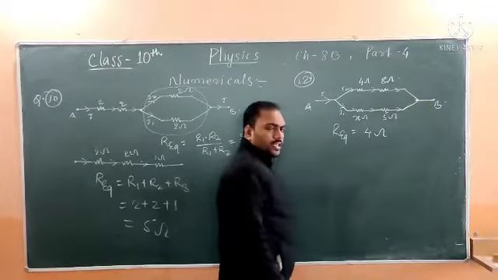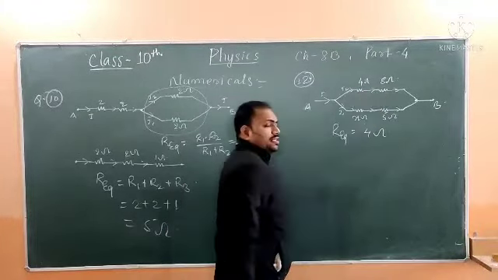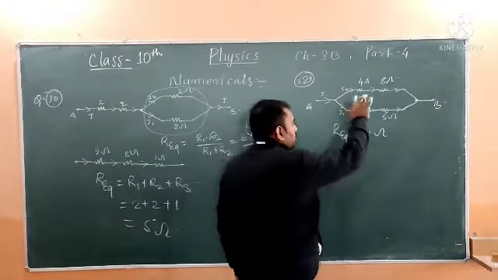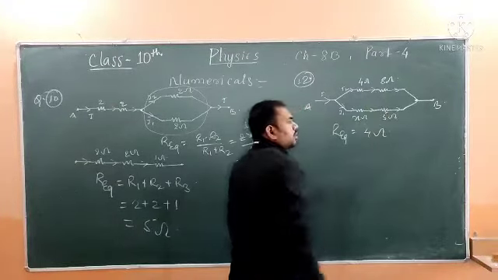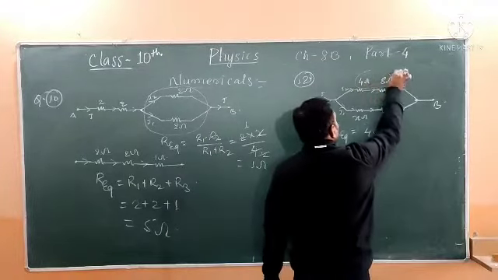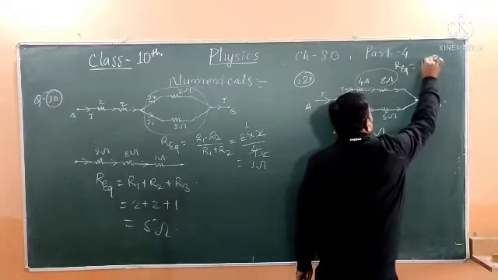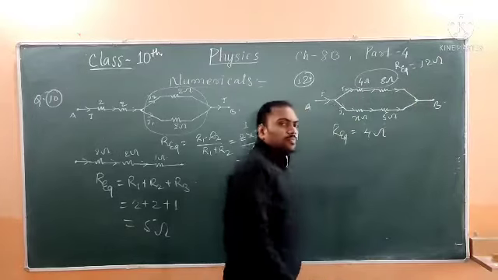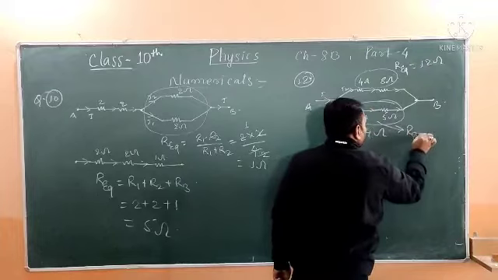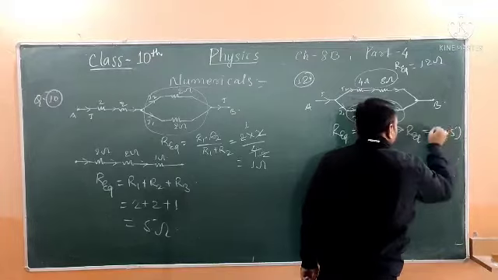So the 4 and 8 are in series, X and 5 are in series, and both of these branches are in parallel. The equivalent of this part will be 12 ohm, simply R1 plus R2, and the equivalent of the other part will be X plus 5.